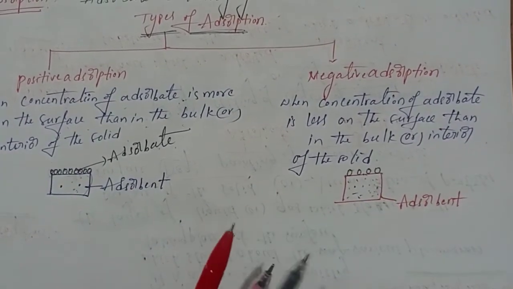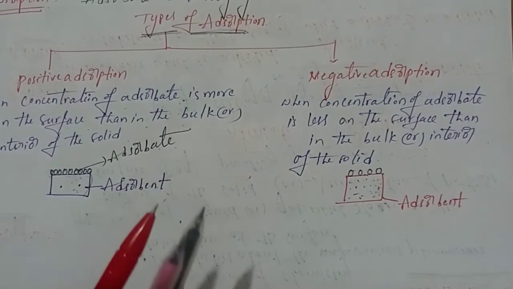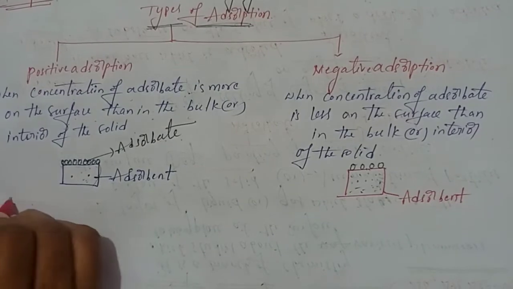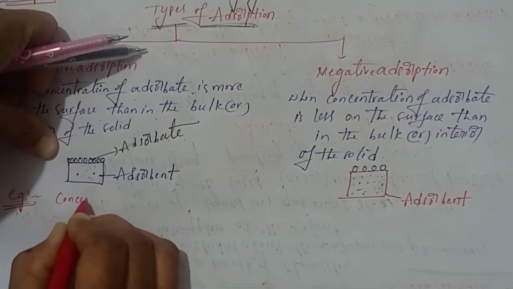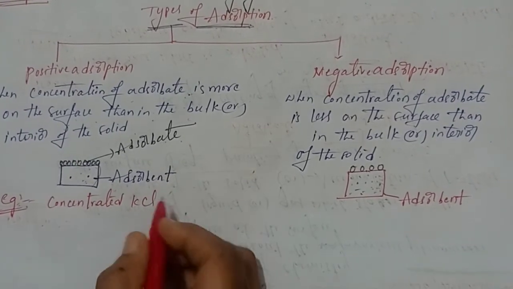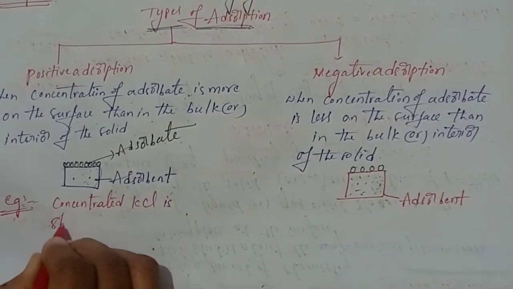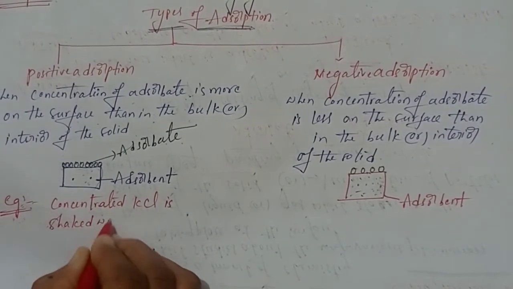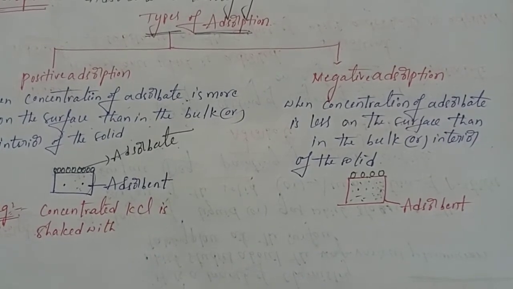Here we can take one example, students. Concentrated KCl is shaken with animal charcoal. Now what example can we take, students? Concentrated KCl is shaken with which one, students?